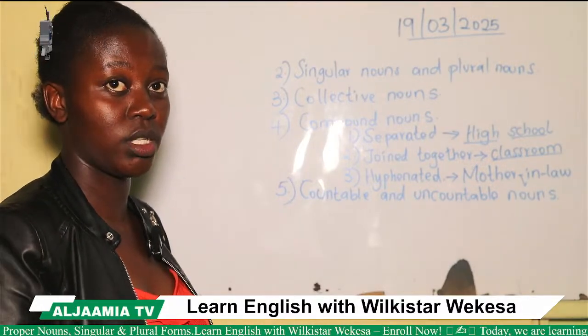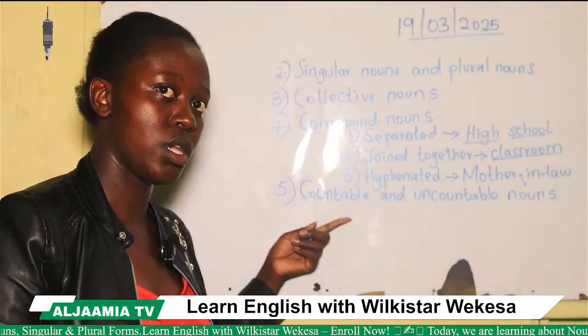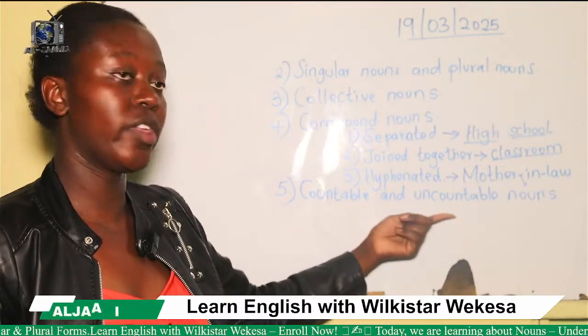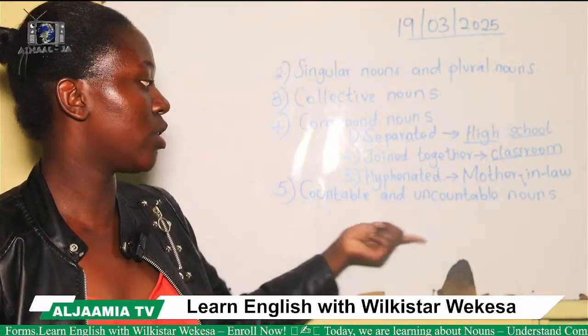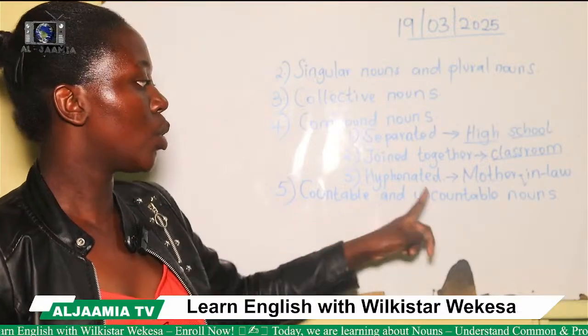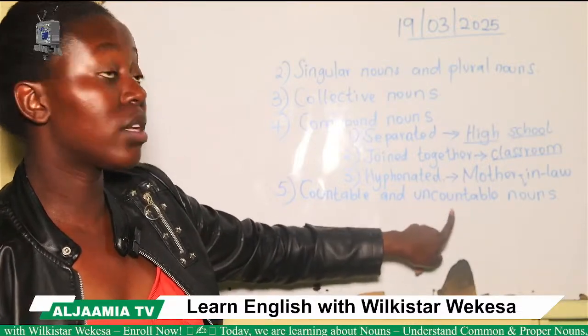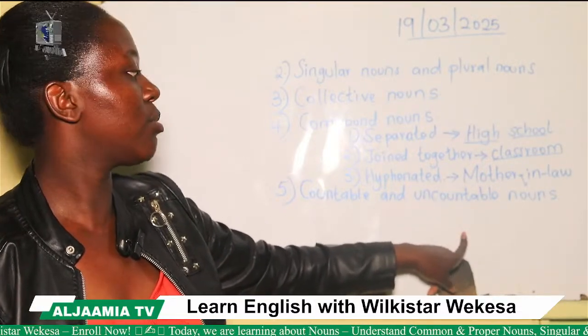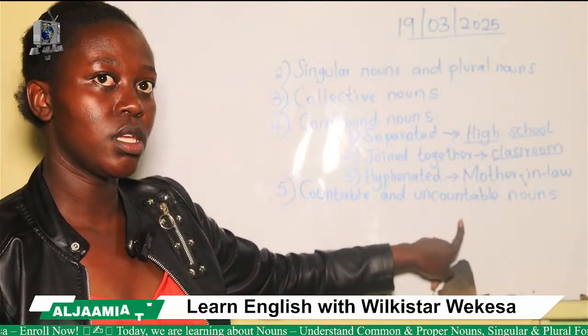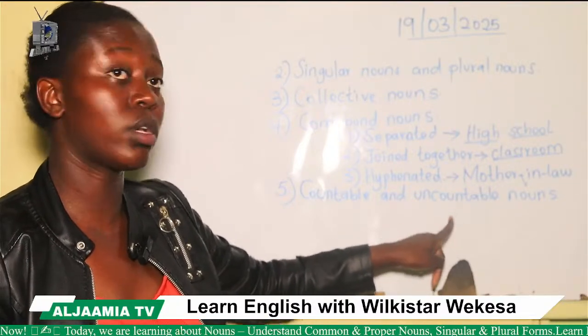Anything that you can count is called a countable noun. And then the vice versa is the uncountable noun. Uncountable nouns are the opposite of the countable nouns. These are nouns that you cannot count. For example, maybe water, tea, sugar, like that. These ones you cannot count.